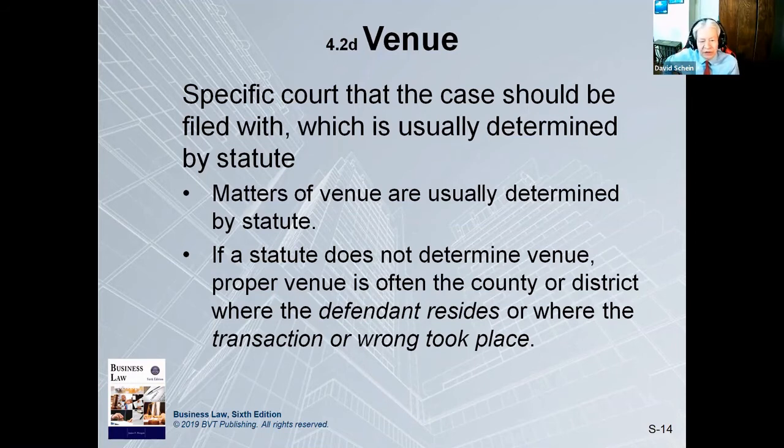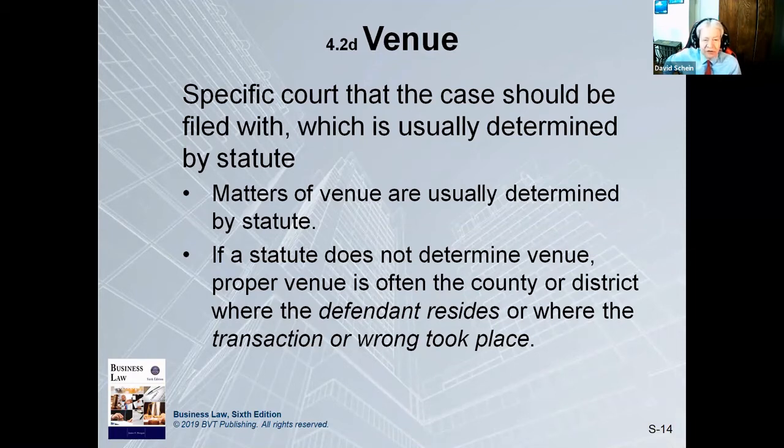So this is a situation under jurisdiction. In other words, all the courts of Texas have jurisdiction over a Texas case, but Texas is a gigantic state. And so venue is, if you get sued in El Paso, that could be a horrible thing for you.